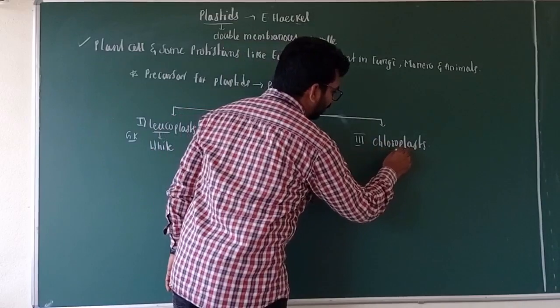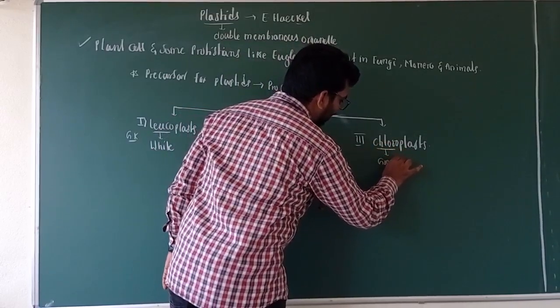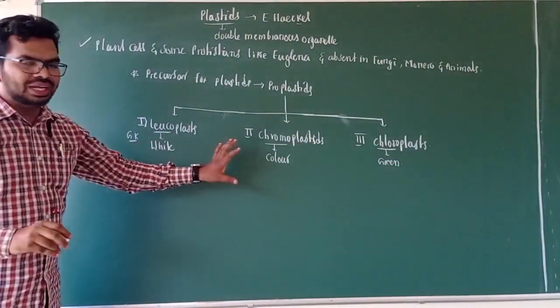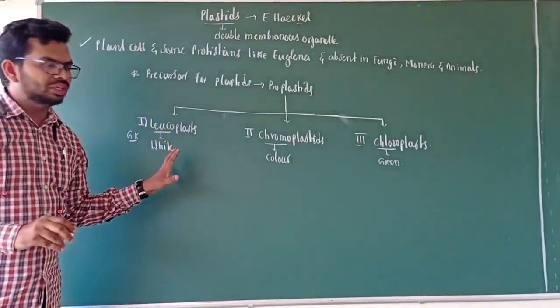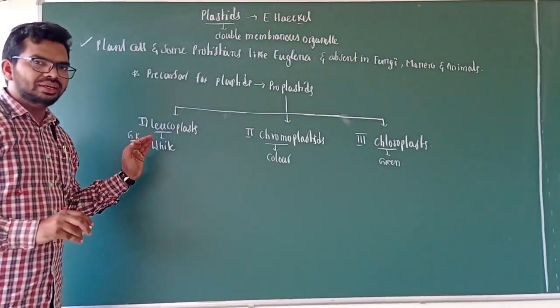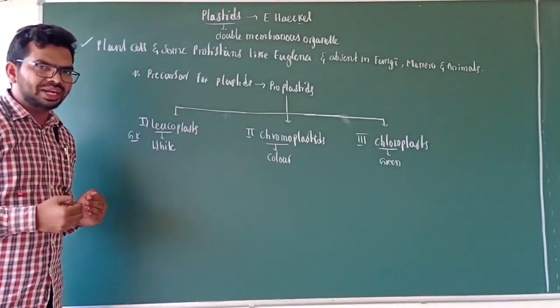And chloroplasts, chloros means green color. It represents green in the Greek language. Based on the color, the total plastids are divided into three categories. And each type of plastid is again divided into subcategories.